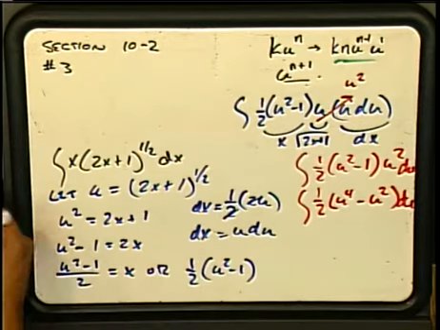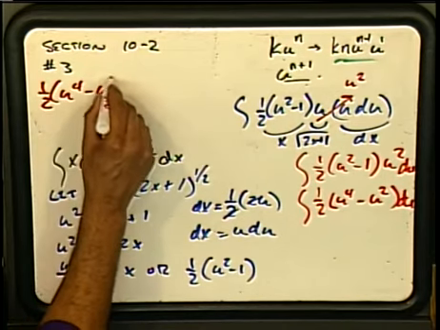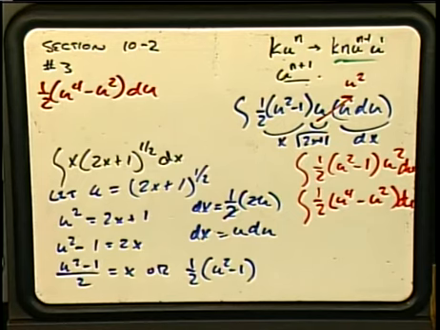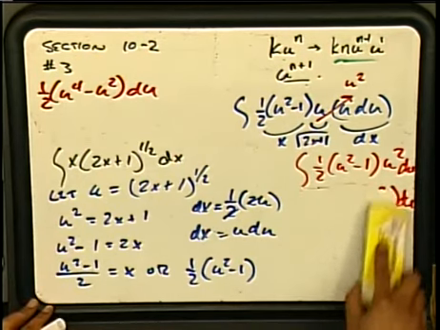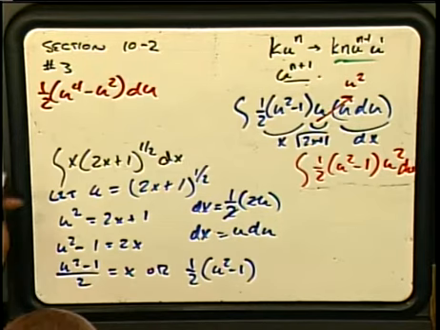We have 1/2 u to the 4th minus u squared du. And then we solve for it. I didn't put the integral up here.